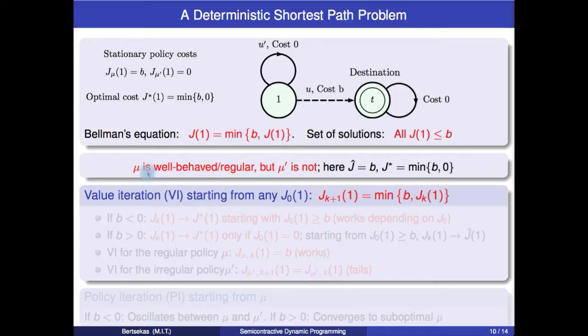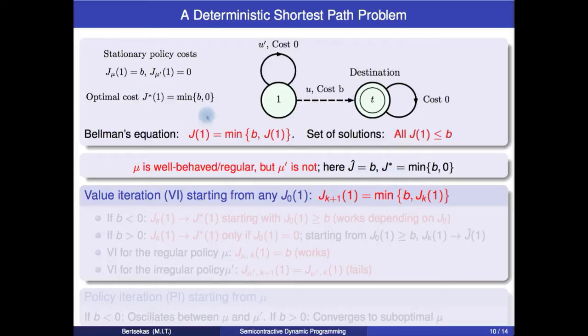If you look at the two policies, policy mu is the one that terminates, and we can view this as a well-behaved or regular policy, but the policy mu prime that stays at state 1 is not well-behaved. So remembering our notation of J hat being the minimum over all well-behaved policies, we see that J hat is equal to b.